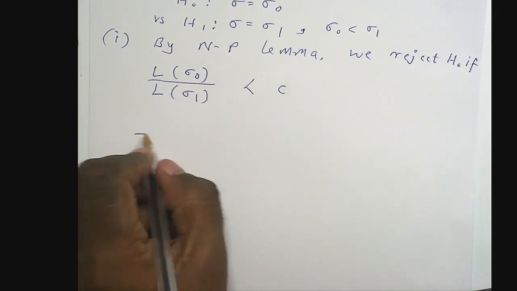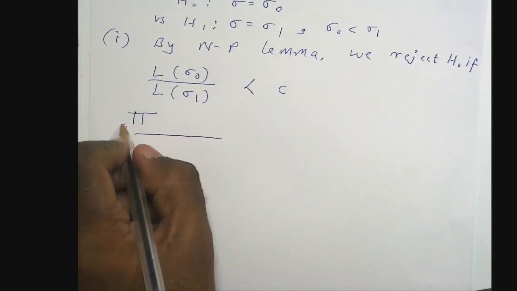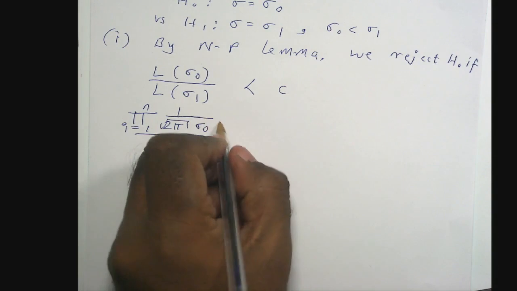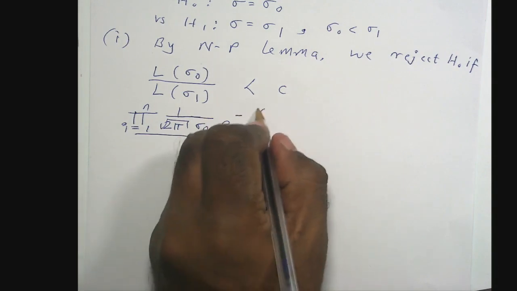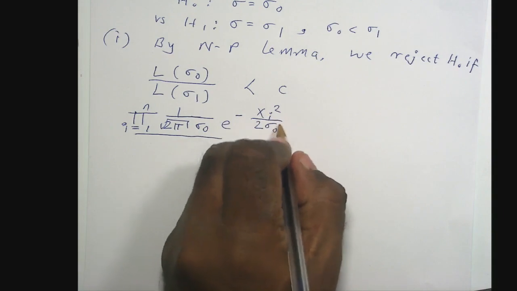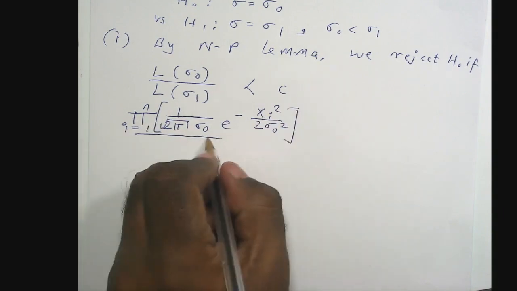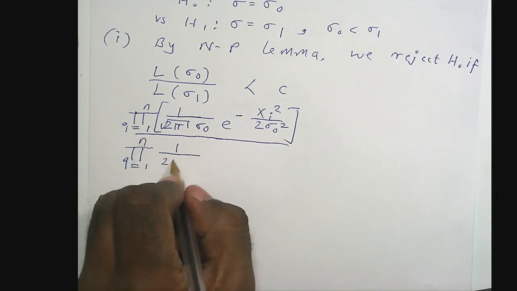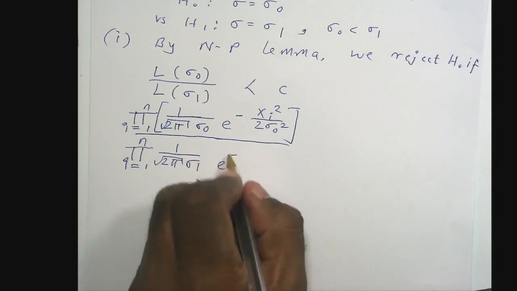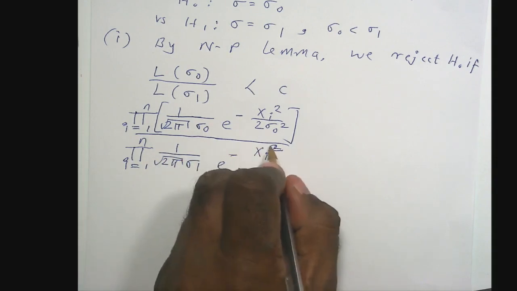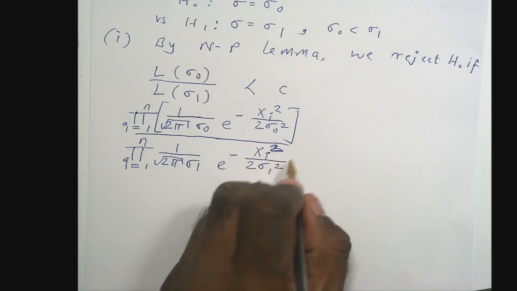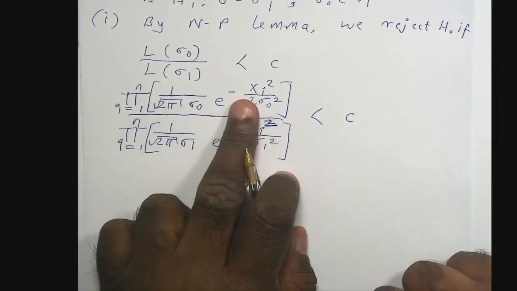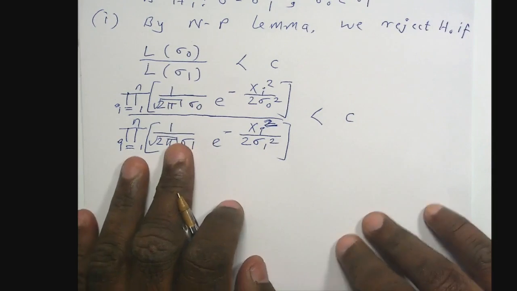So that's the same as saying this. This is the likelihood at sigma 0, and this is the likelihood at sigma 1.